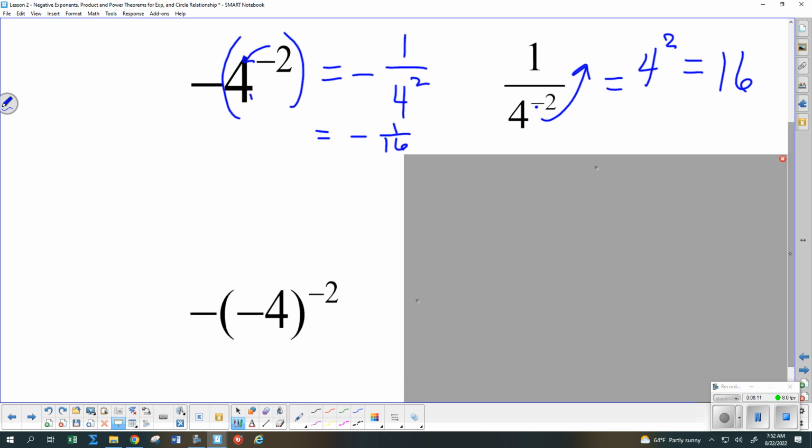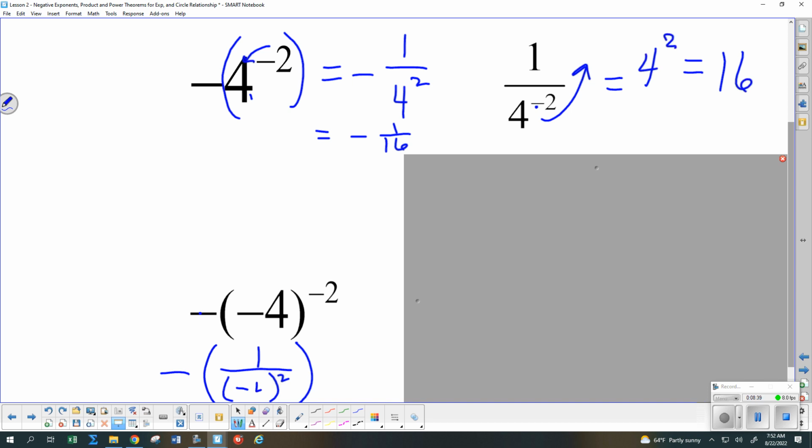Now this one looks a lot like what we had up here, except it's got a second minus sign in there. This time, the whole -4 is going to get the -2. This is not. So that minus sign out in front stays a minus sign. This becomes 1 over that whole parentheses squared.